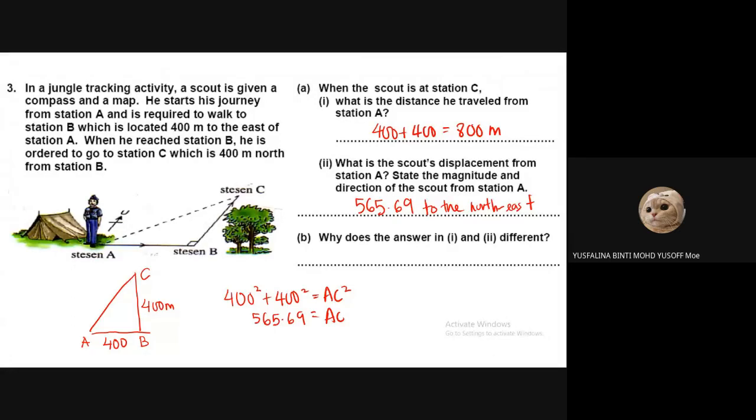Answer 1 is further because the scout reached point C by passing through B from A, whereas answer 2 is shorter because the scout goes to point C directly from point A without passing through point B. So actually the simple answer is, distance is what quantity? Displacement is what quantity? Distance is a scalar quantity while displacement is a vector quantity. Okay, so that's the answer.